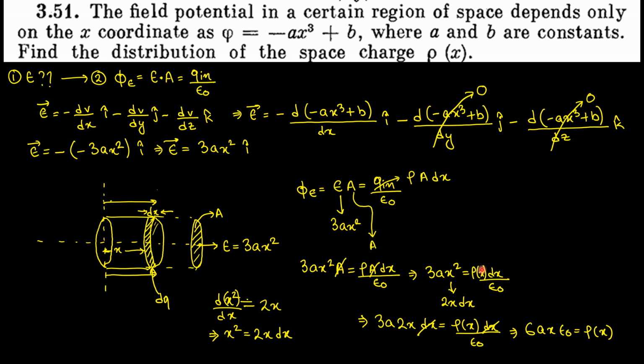If this charge density was already given, say 6ax square epsilon naught, then you could bring this x square down, calculate, and integrate with whatever dx is given. But in case a function is there like this, you have to cancel out the dx using this method. This is a topic of mathematics.